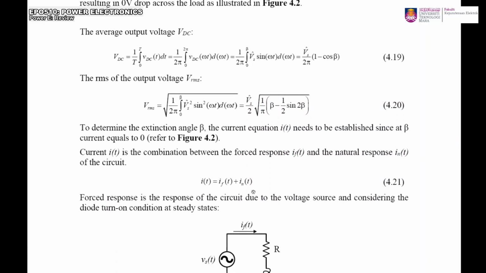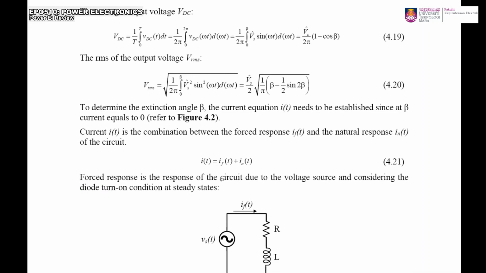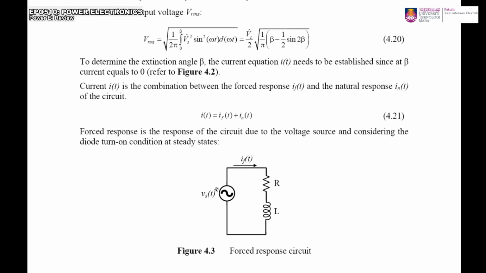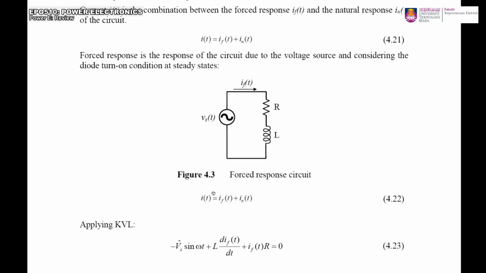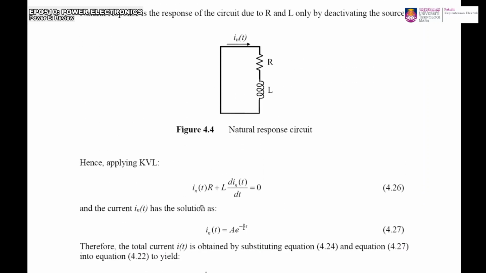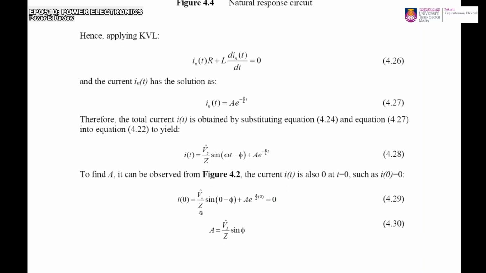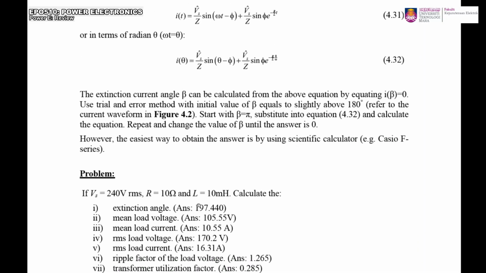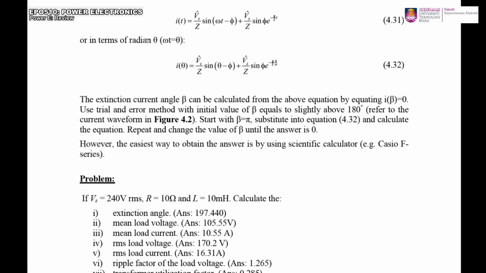And for the equations, I put here the detail on how to obtain the equation for the current. So you have a forced response circuit and the natural response circuit. Please go through it. Inshallah, you will understand how it is derived. And finally, you have this equation: in terms of theta, I(θ) equals Vpeak over Z sin(θ − φ) plus Vpeak over Z sin φ times the exponential term.